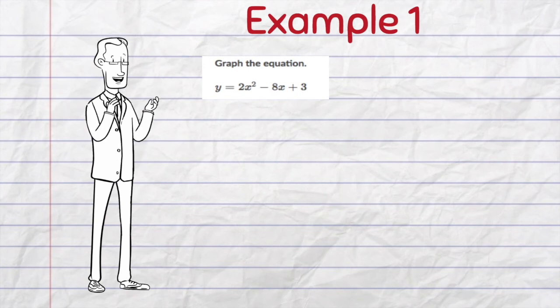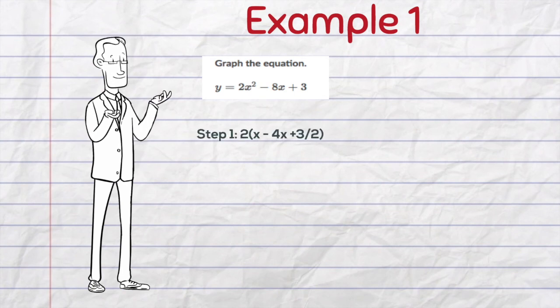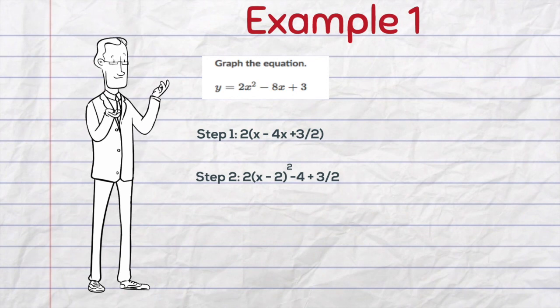So we will try to convert the standard form into the vertex form first. Step 1, we factor out 2 from the equation and we get 2 multiplied by x squared minus 4x plus 3 over 2. Then we complete the square and we get 2 multiplied by x minus 2 squared minus 4 plus 3 over 2.